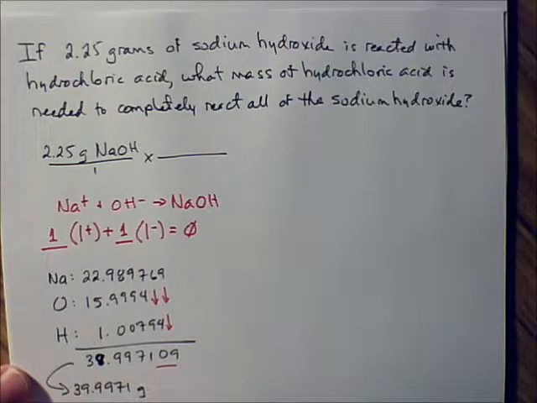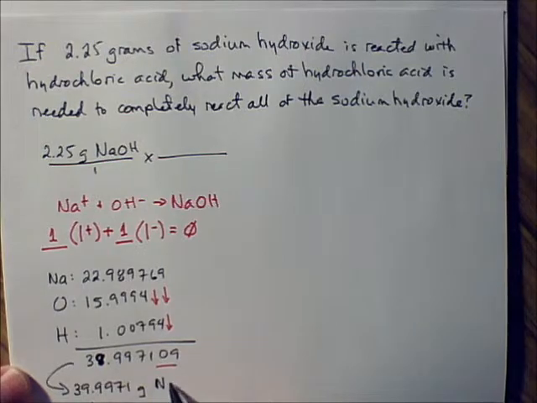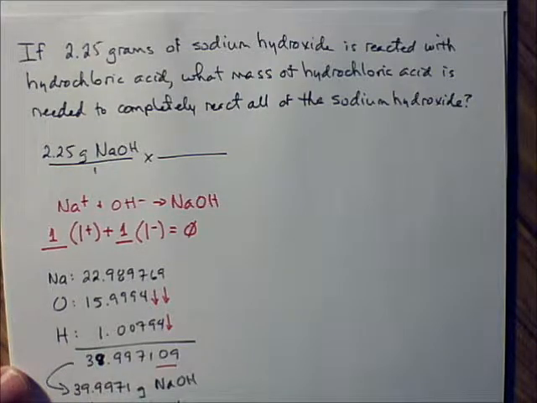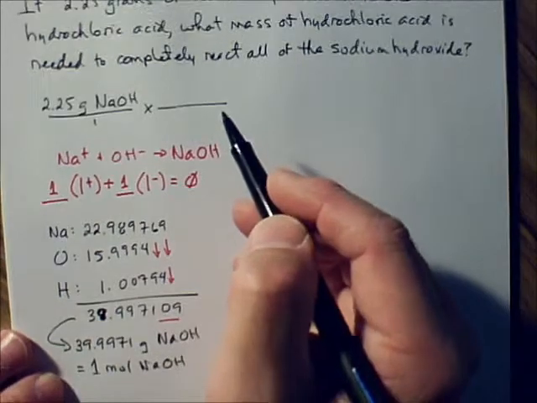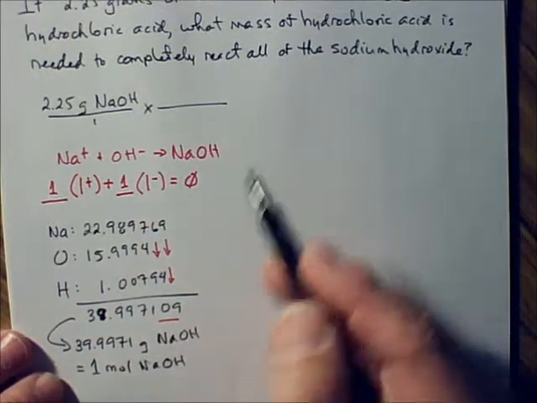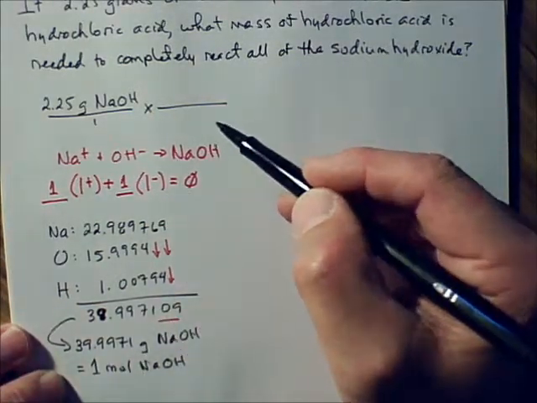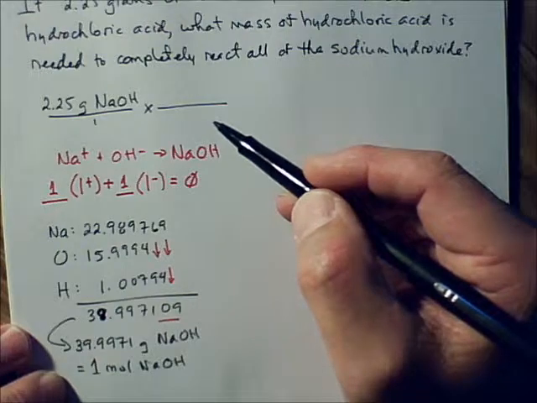And we're going to set that equal to 1 mole of the same species. And the species is NaOH. Okay? So we have an equality statement. We need an equality statement for this conversion unit. What are we going to put on the bottom? That doesn't go on the bottom.